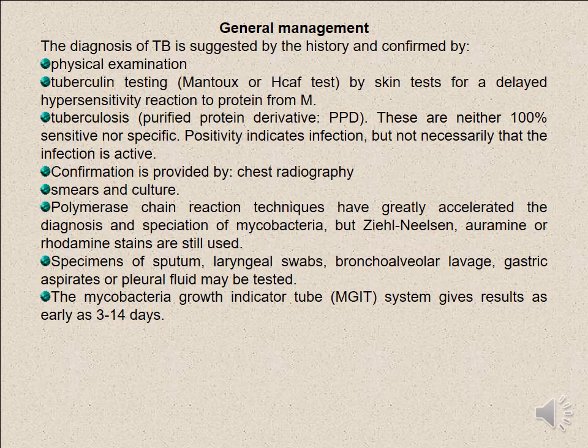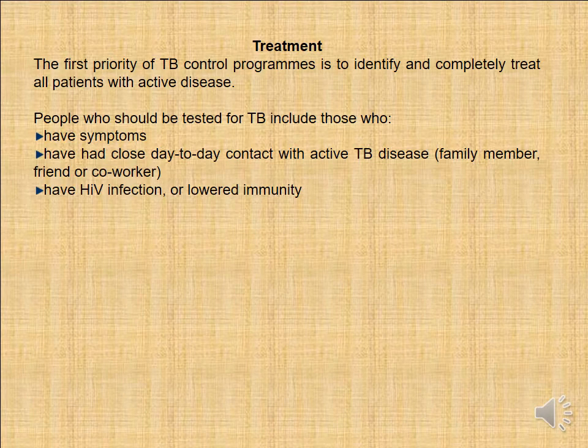A specimen of sputum, laryngeal swab, bronchoalveolar lavage, gastric aspirate, or pleural fluid may be tested for the presence of Mycobacterium in the specimen. The mycobacterial growth indicator tube system gives results as early as 3 to 14 days.